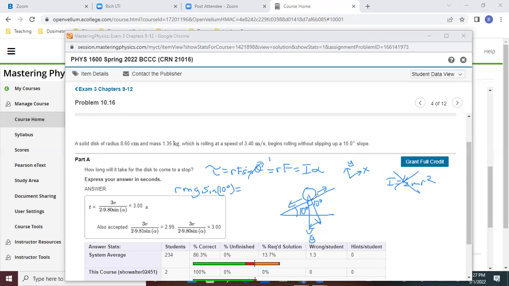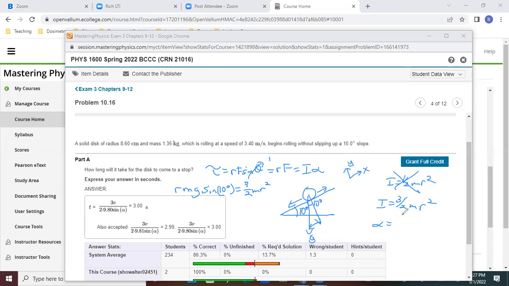What we're going to be looking for is the torque. And if you look at the edge of a cylinder, this is going to be your moment of inertia. So you're going to have 3/2 mr squared. And then you've got the angular acceleration.